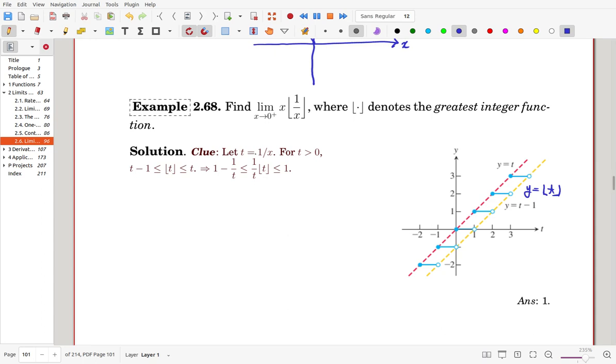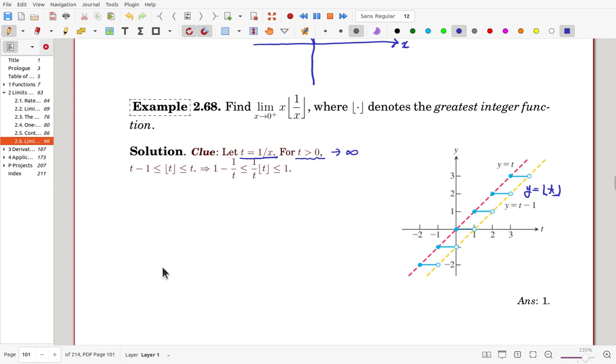So we try to use a change of variable. Let t be 1 over x. Then x is approaching 0 from the right, so 1 over x is approaching infinity. So here t is larger than 0 and approaching infinity.